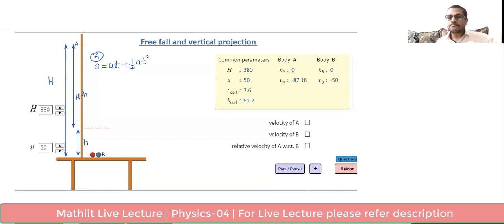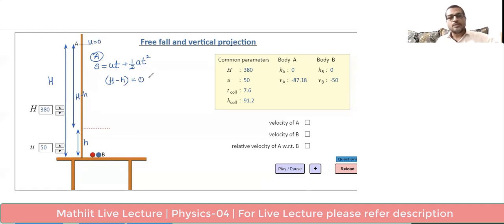Okay. Then, if we are writing this equation for body A, then what is the displacement of A by the time it reaches this red dotted line? Isn't it this one, capital H minus small h? So we write capital H minus small h is equal to initial velocity with which A is dropped, that is 0.